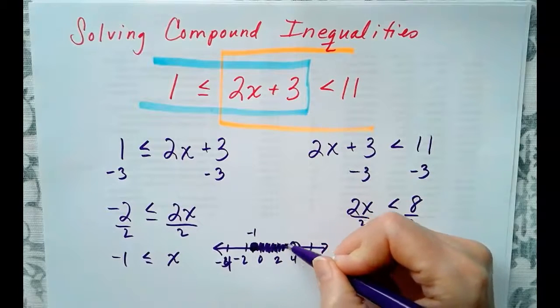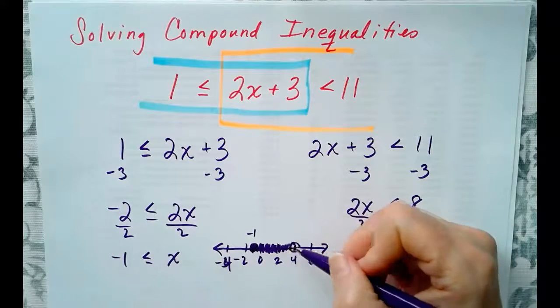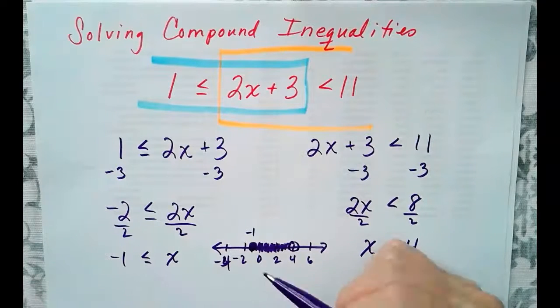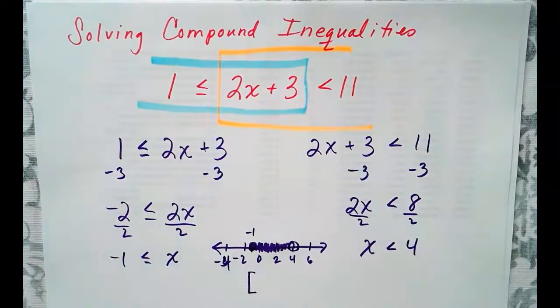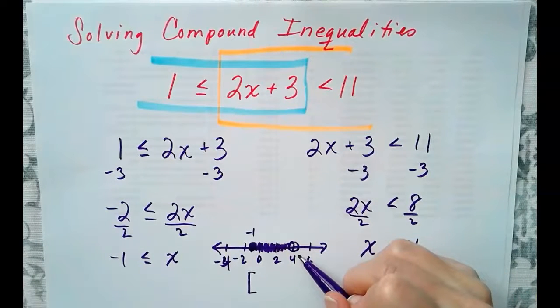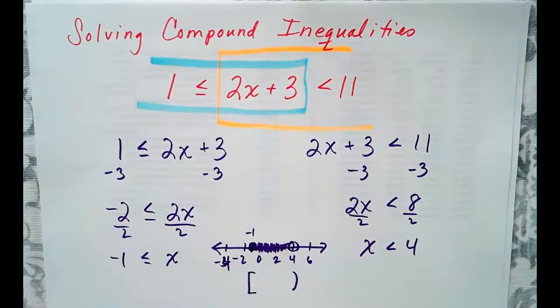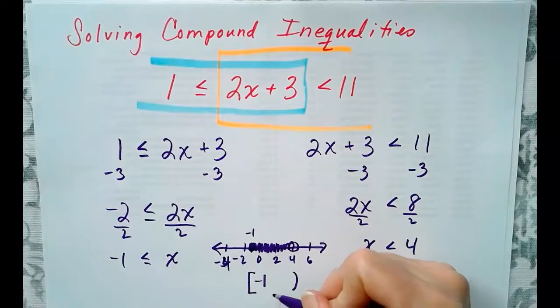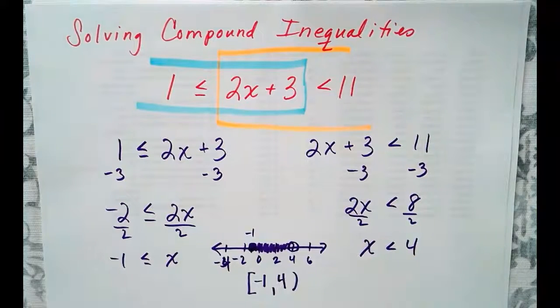So this is a conjunction of sets, or an intersection of two sets here. This is very easy to put in interval notation. Remember, if we are including the negative 1, that will be shown with a bracket. We are not including the 4, that will be shown with a parenthesis. So our interval goes from negative 1 to positive 4.